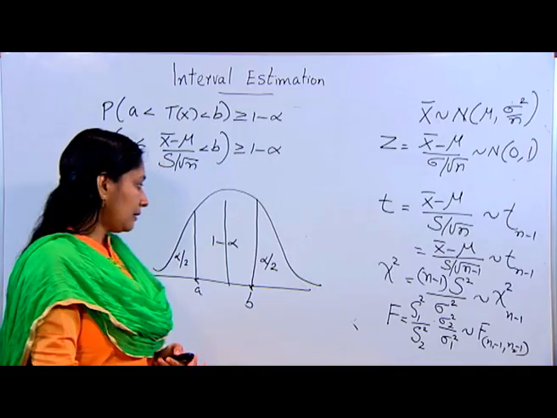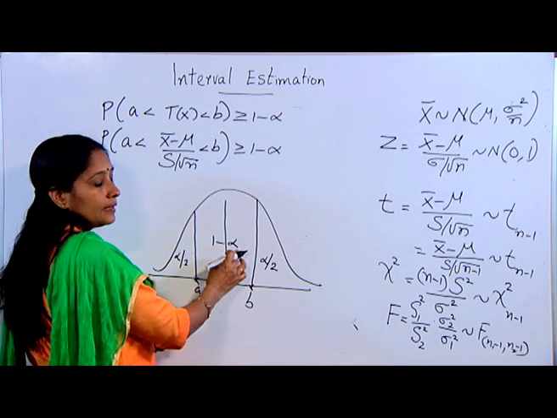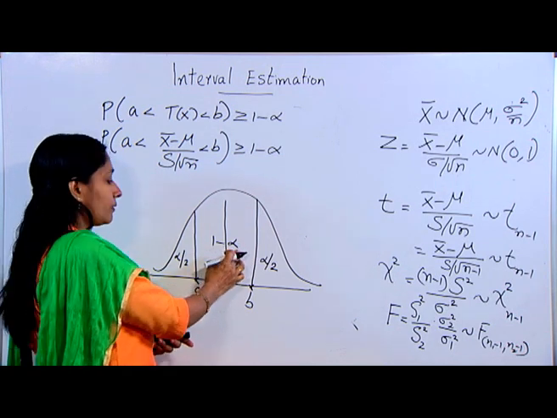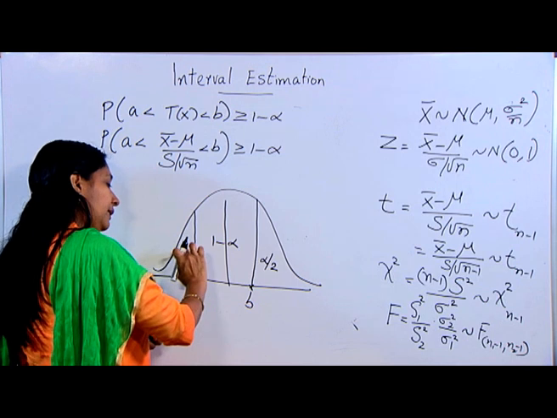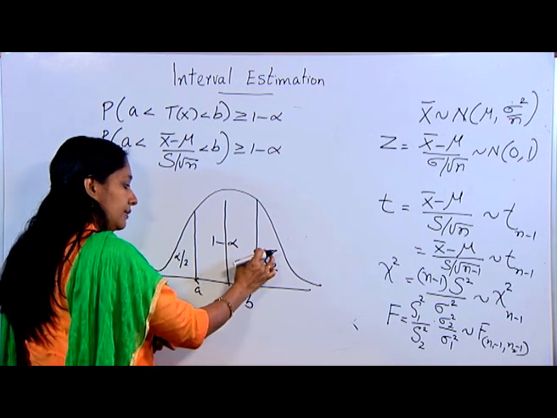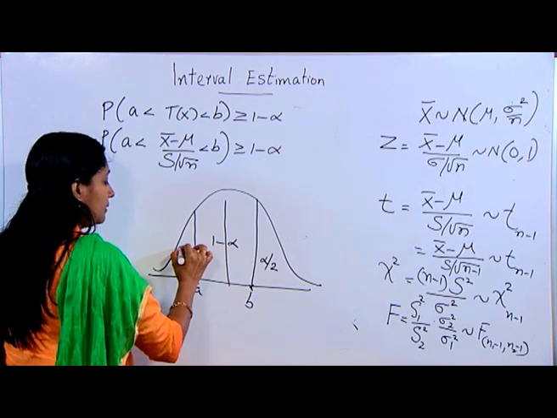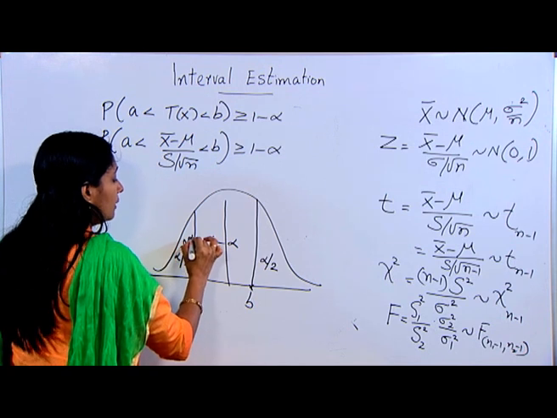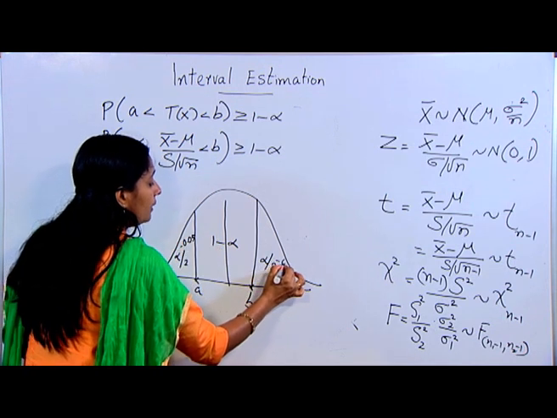When you look at the table of t distribution, if you are constructing a 90% confidence interval, that means 1 minus alpha is 0.90. So, this remaining area is 0.10, and half of that means this is 0.05 and this is also 0.05.